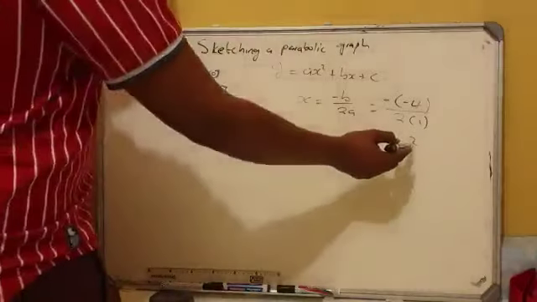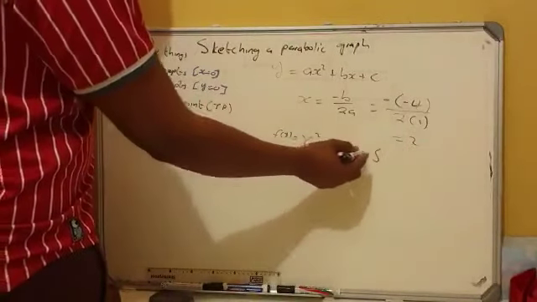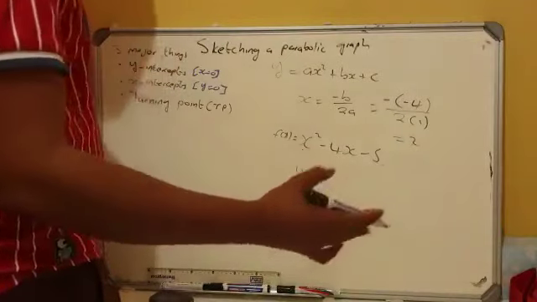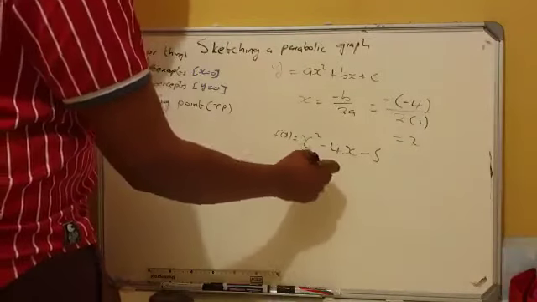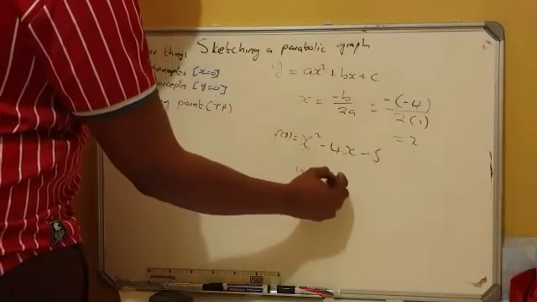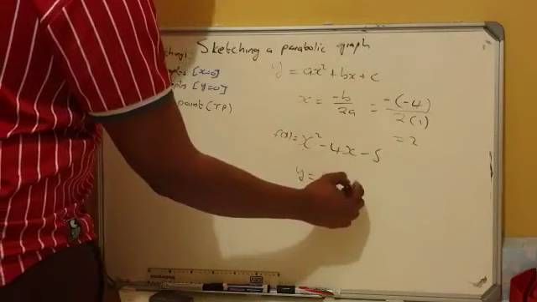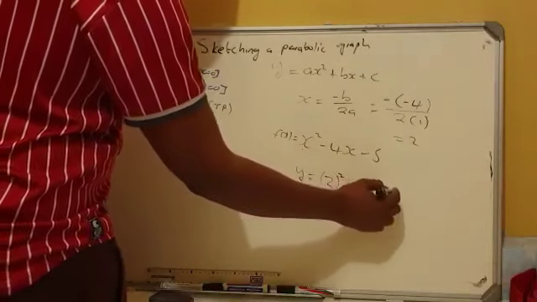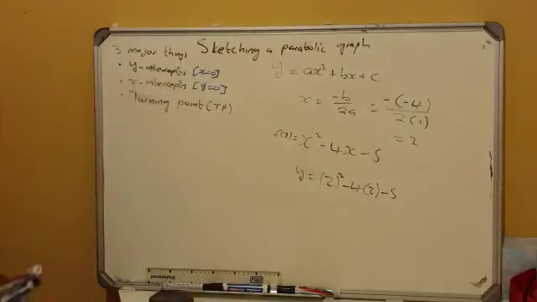Then you take that 2 and substitute it into the formula to get the y value of the turning point. You take whatever x coordinate you got, you say 2 squared minus 4 times 2 minus 5.